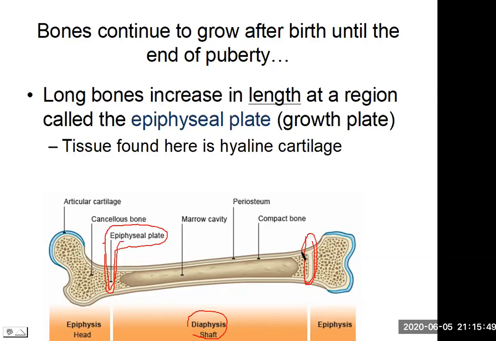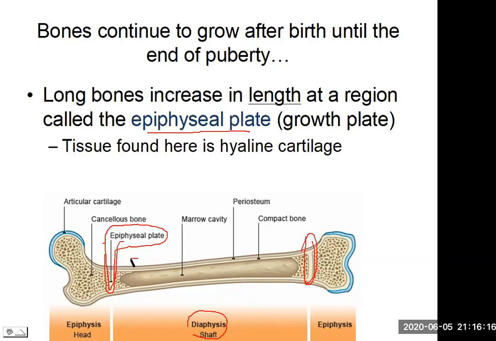Starting out early in life, the epiphyseal plates are quite thick and, of course, made of hyaline cartilage. And this is the exact spot where the bones are able to lengthen. So our long bones can increase their length right at that area of the growth plate, at the epiphyseal plate. And this is done by adding bone deposits on each side of the diaphysis.